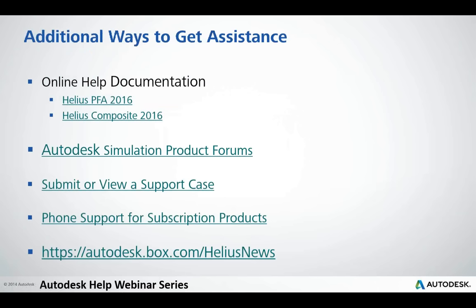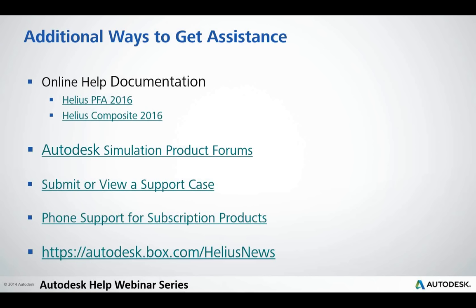I want to highlight a few of the ways users can get support. If you have a question, the first place you can look is our online help documentation. This has been updated for the 2016 releases. We have separate documentation for Helius PFA and for Helius Composite.